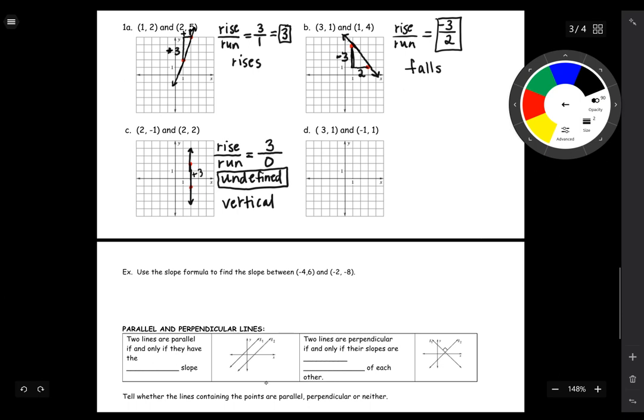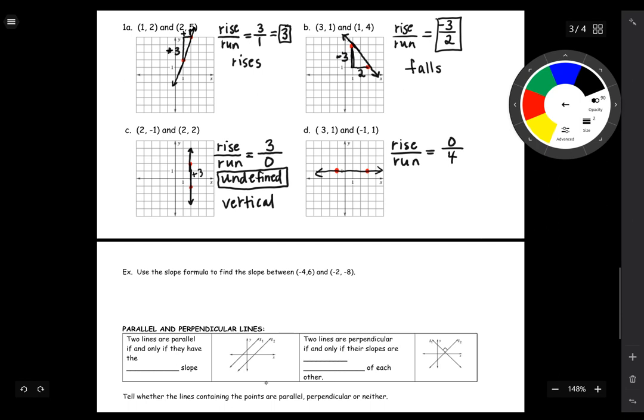And then last but not least, 3, 1. So right 3, up 1, left 1, up 1. Connect the dots. Okay. Rise over run. This time you're not going up at all, up or down, but you're running 1, 2, 3, 4 squares. Never count from the dot.